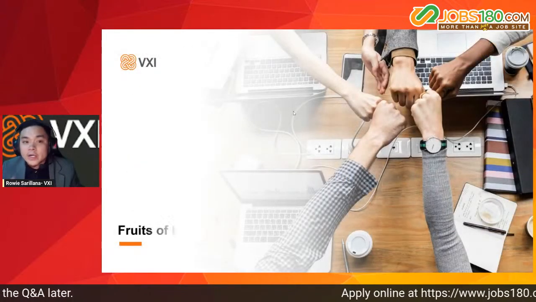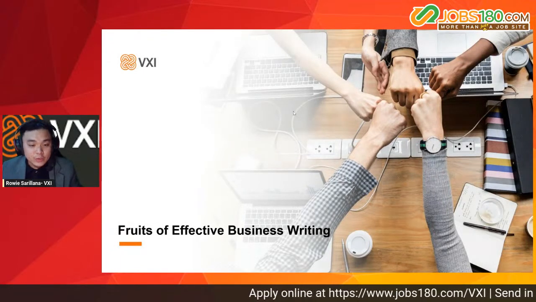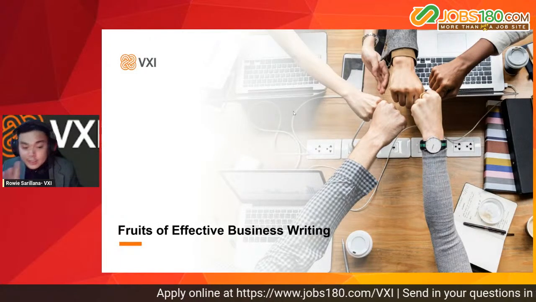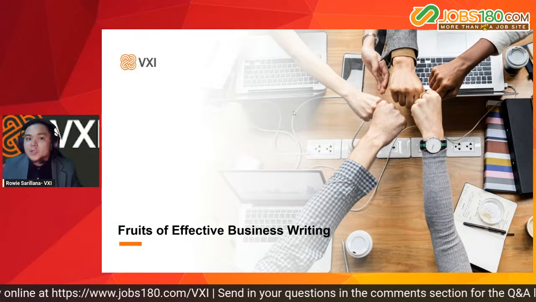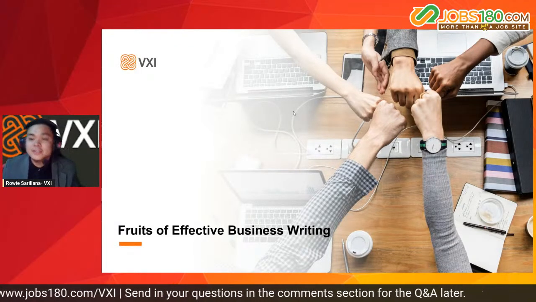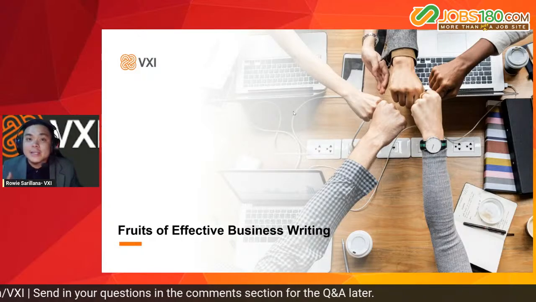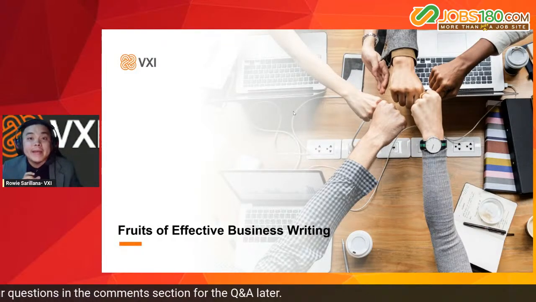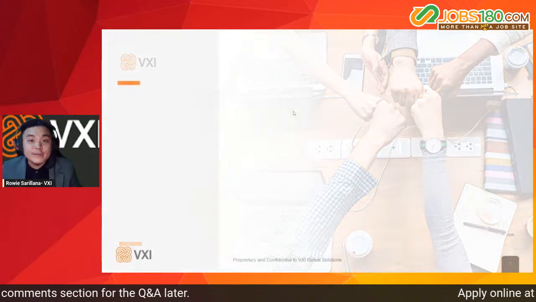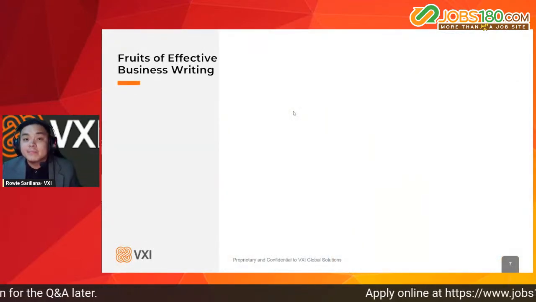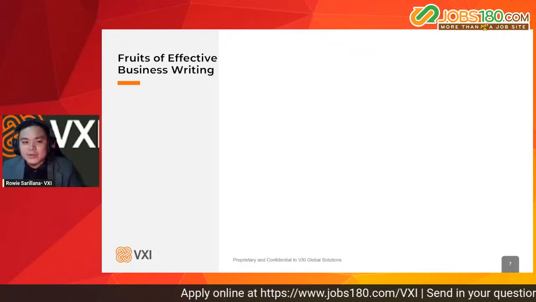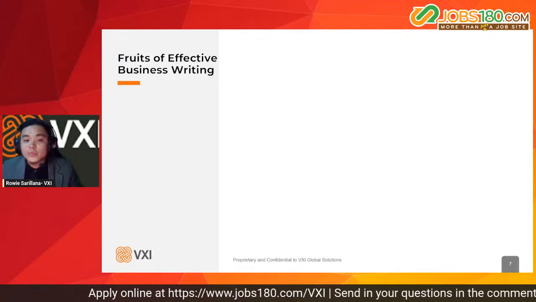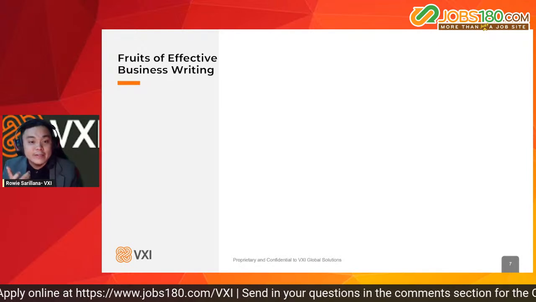Okay? So let's talk about the fruits of effective business writing. Fruits, does it mean fruits like guava? Santol? When we say fruits, guys, it talks about the advantages, the benefits of effective business writing. First and foremost, before we jump into it, I want to ask you guys, give me one advantage of having an effective business writing.